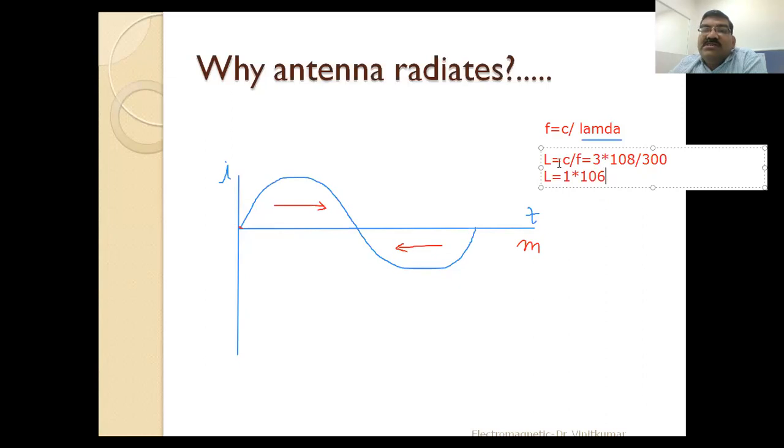What is the unit? The unit will be meter. So I can take this as kilometer. How much kilometer will there be? 10 to the power 3 you can remove, so it becomes 1 into 10 to the power 3, which is 1000.